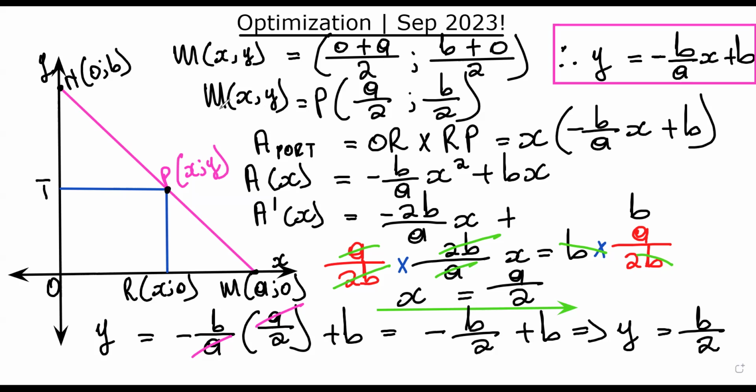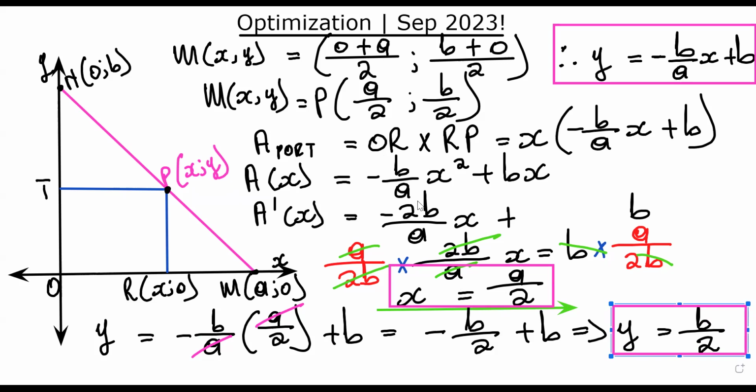So what is the meaning of this? Well, here you can see that the maximum area is going to be at the point where x is a over 2 and y is b over 2.